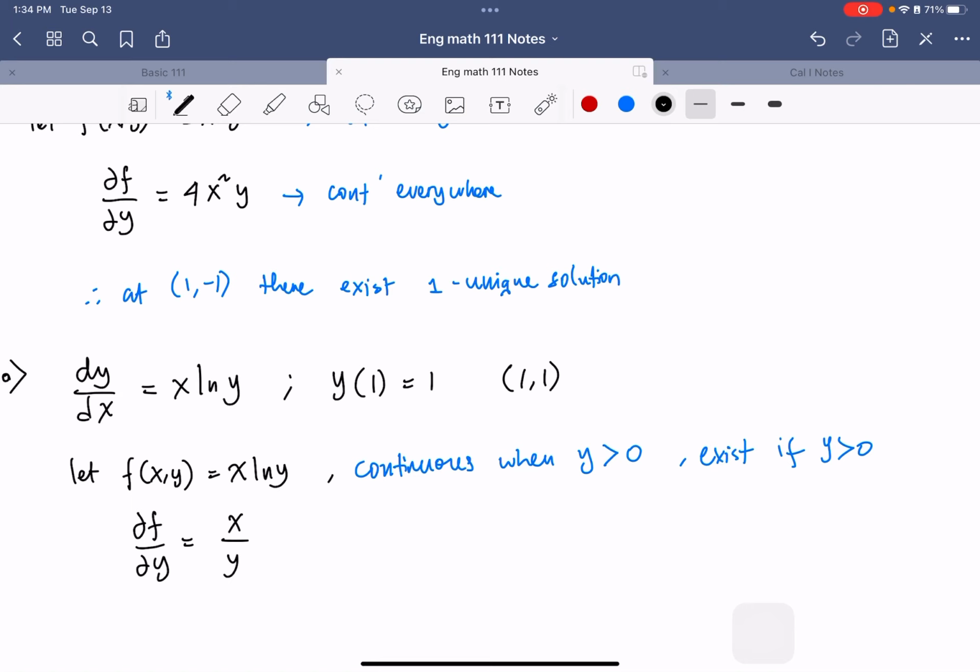Of course, because it's rational, the denominator should not be 0, right? And we can also say it will be continuous when y is not equal to 0.